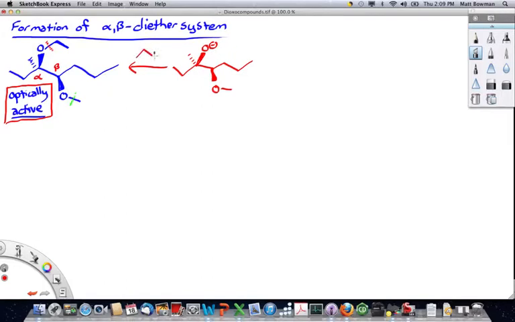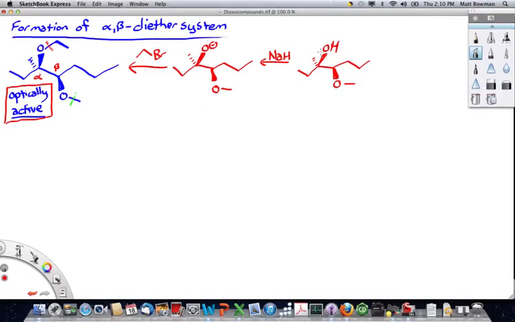We would react it with ethyl bromide to give us this ether. And to make this alkoxide, we'd simply treat the corresponding alcohol with sodium hydride. And this is what comes from the epoxide.